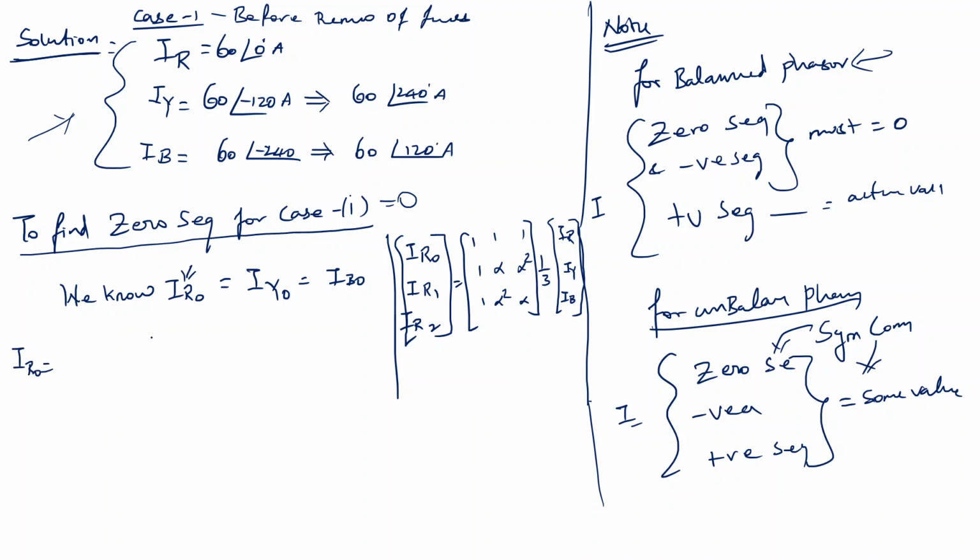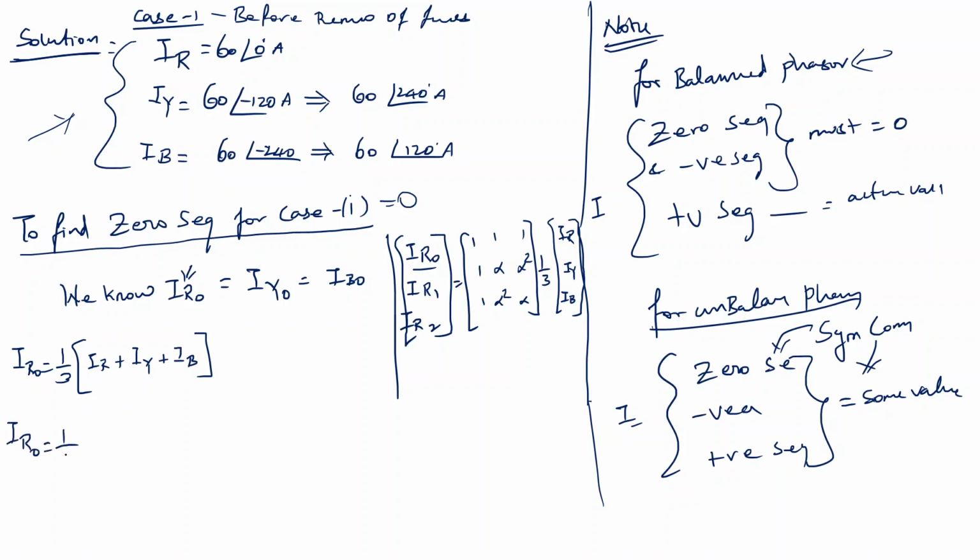If that is the case, then we first go for IR0. So IR0 is equal to one third of IR plus one third of IY plus one third of IB. I take one third outside: IR plus IY plus IB. Correct or not? From the matrix. Now tell me, IR is how much?